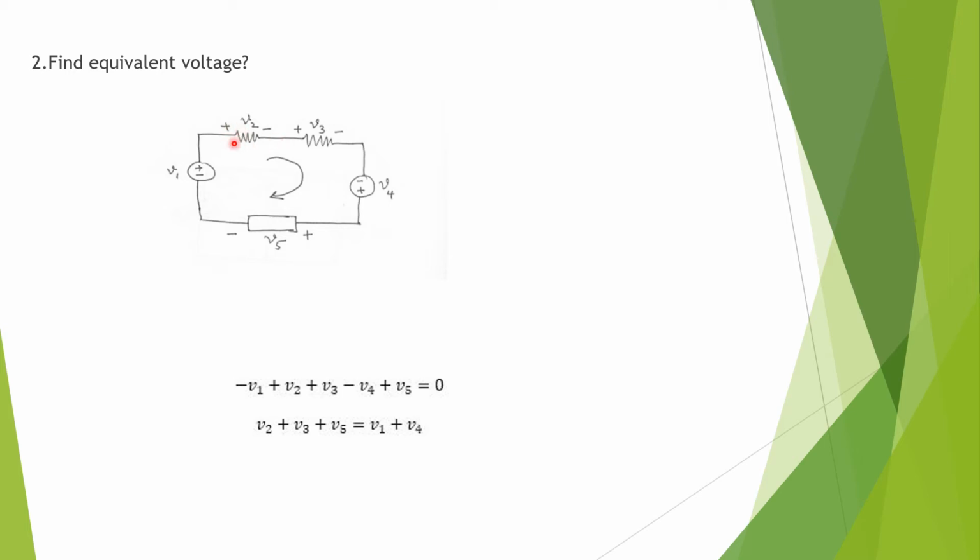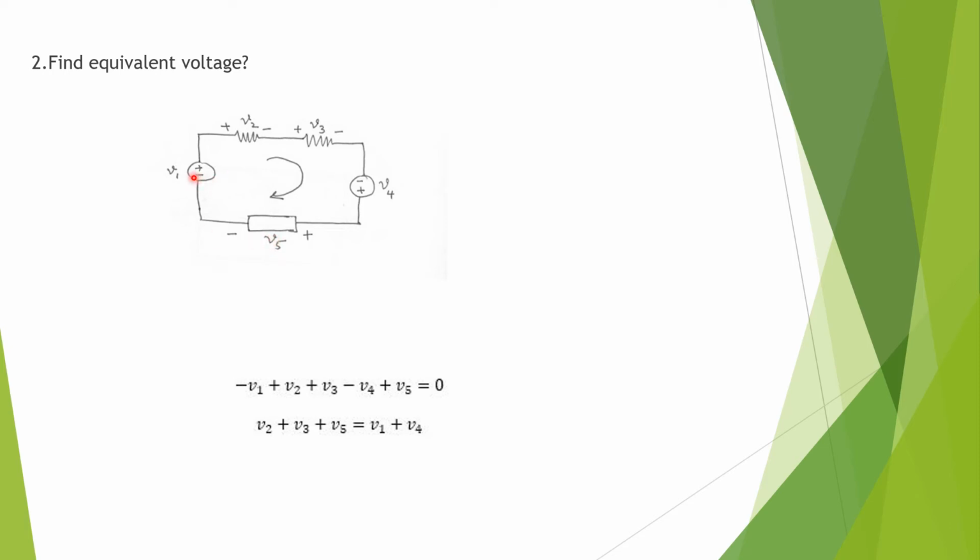Plus V2 is here because it is moving from plus to minus. So plus V2, plus V3, and again minus V4 because it is going from minus to plus. So minus V4, and again plus V5, that means plus to minus. The direction is shown here.